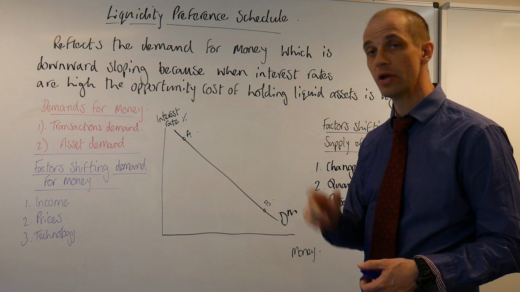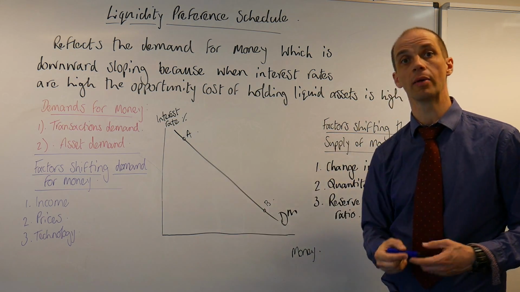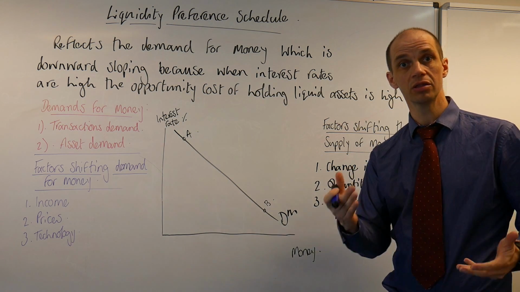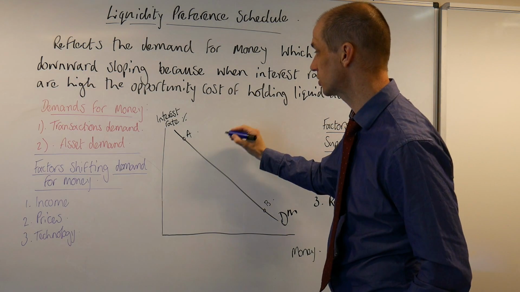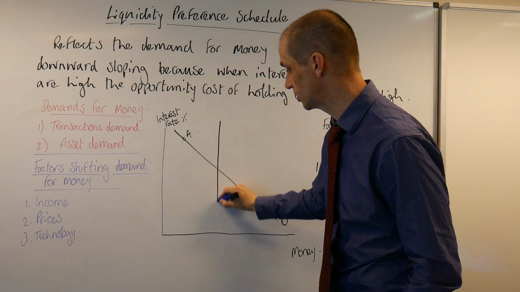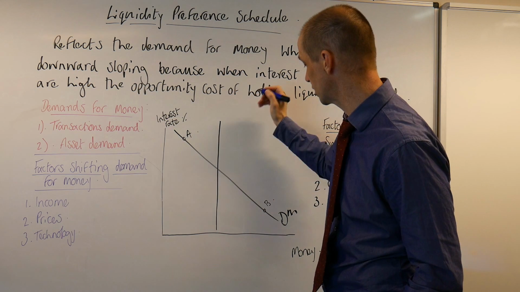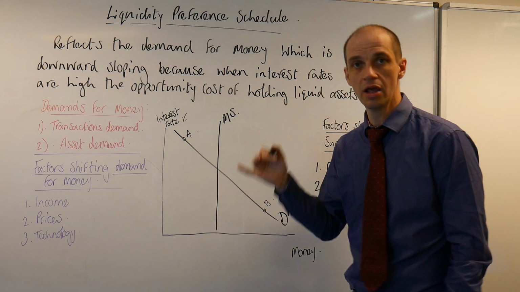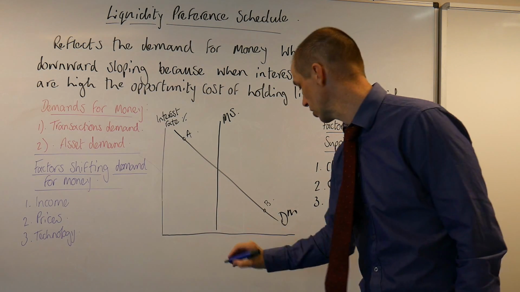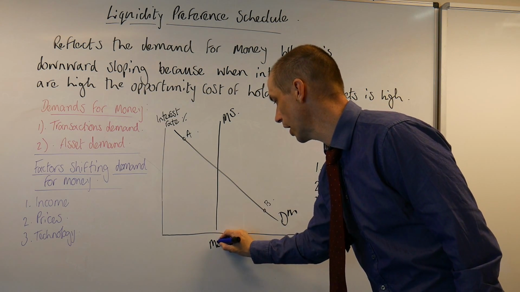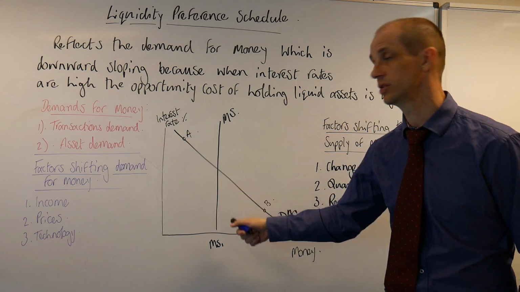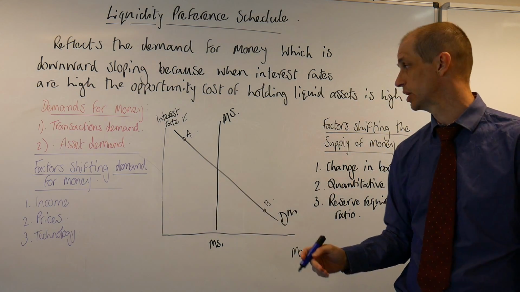Now it's also worth noting that on this diagram we can include the money supply. In a given period the money supply is deemed to be fixed, and that means that it is considered to be perfectly inelastic. So if we put in the money supply here, denoted by MS, we've got MS1. That's our quantity of money that's actually supplied to the economy as a whole.